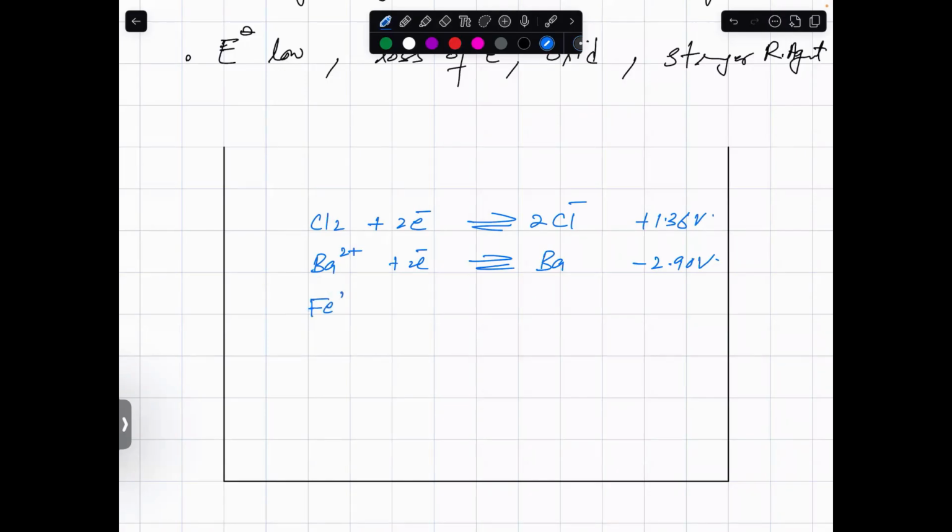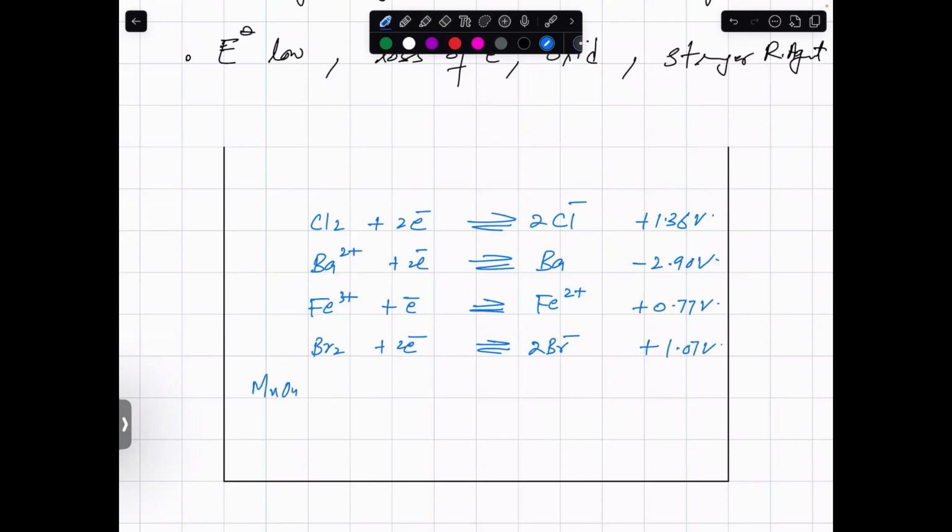Iron 3 gains electron, iron 2 plus, 0.77. Bromine gains 2 electrons, plus 1.07.